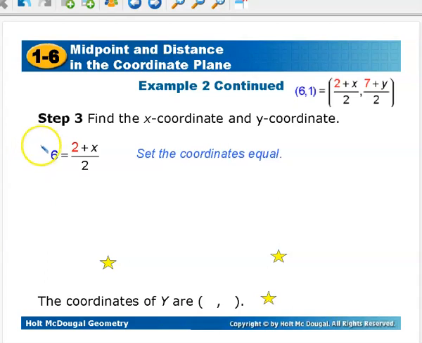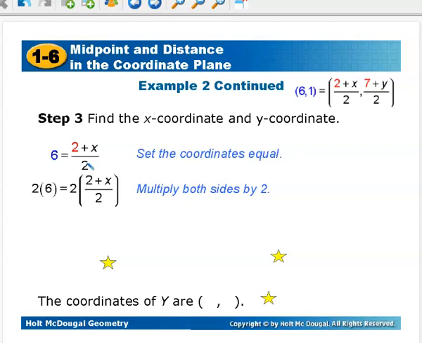So in this case, the midpoint for x is given here. You can know that from our previous information. This is the endpoint for my first point. And all I'm doing is solving this equation. So that goes back to our algebra skills.